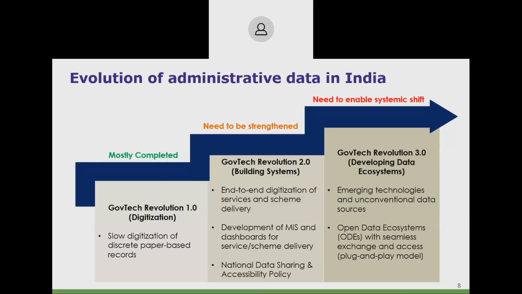For every scheme we have individual MIS systems and individual end-to-end dashboards. These are monolithic systems, but the problem with such monolithic systems is they don't talk to each other. Their technological architectures are different, and often their data schema and standards are also different, and hence they don't talk to each other.